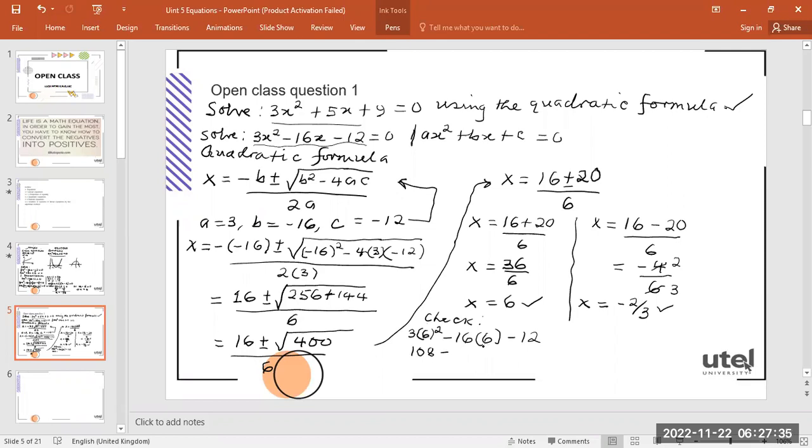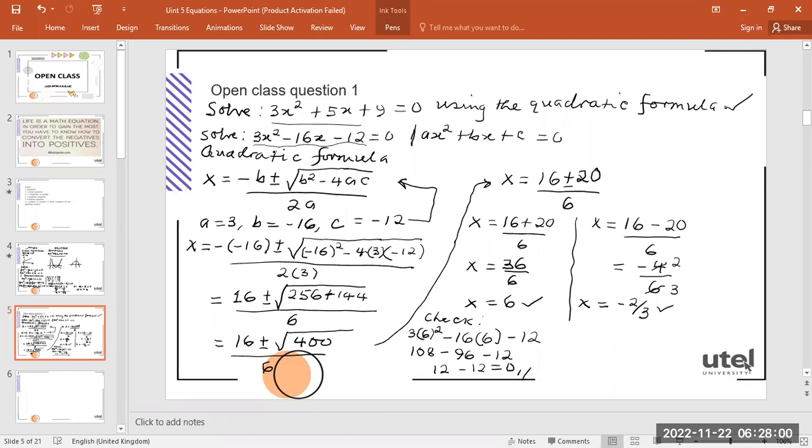If you do the maths correctly, that should give you 96, then minus 12. So let's now see, 108 minus 96 should give us 12. Then minus this 12 should give us 0.